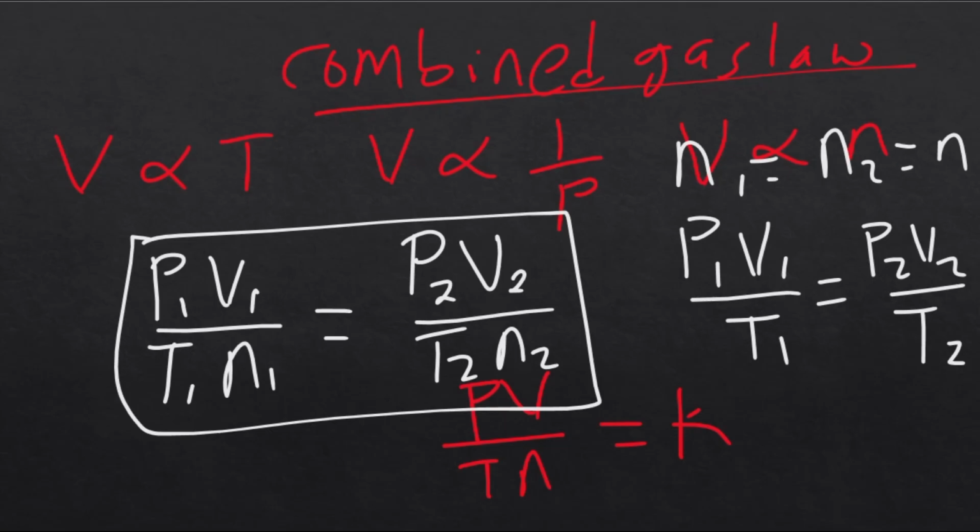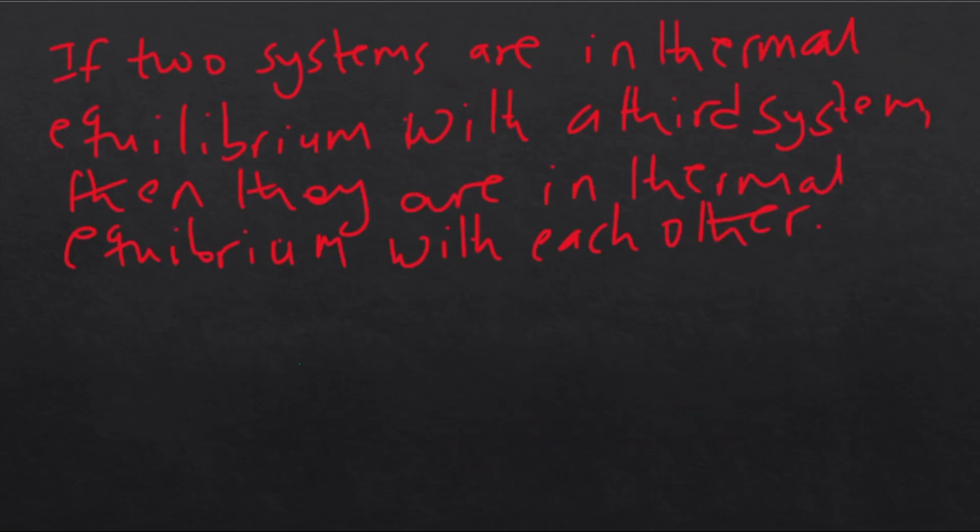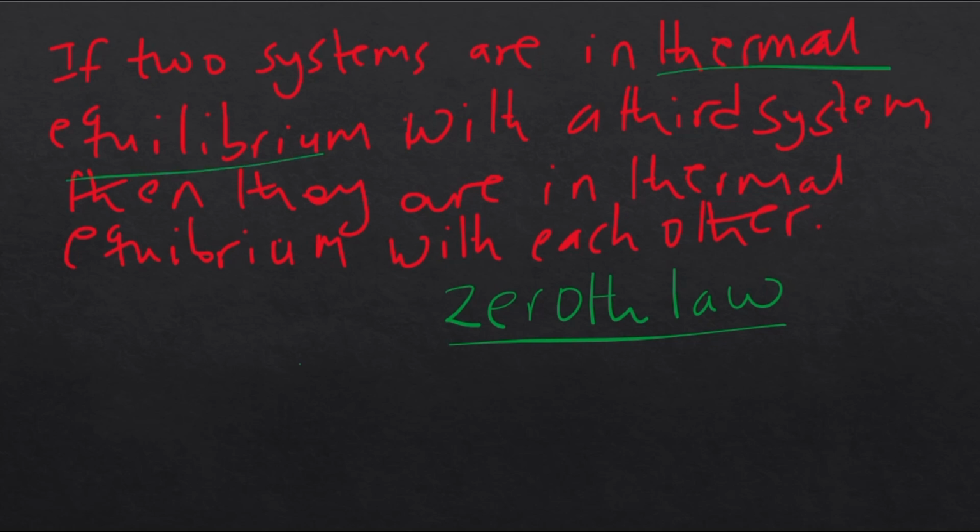There was one last thing I needed to talk about before I move away from the concept of temperature. Without it, the concept of temperature wouldn't be complete. It's called the Zeroth Law of Thermodynamics. It says that if two systems are in thermal equilibrium with a third system, then the two systems are in thermal equilibrium with each other.